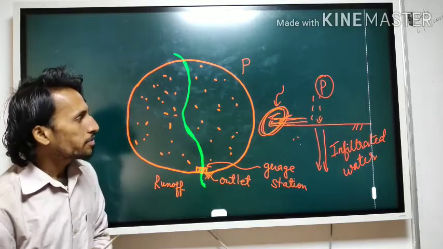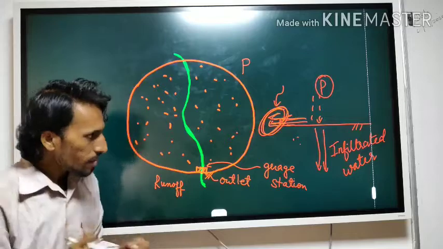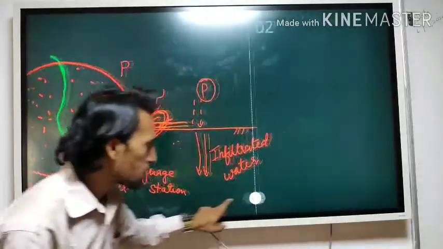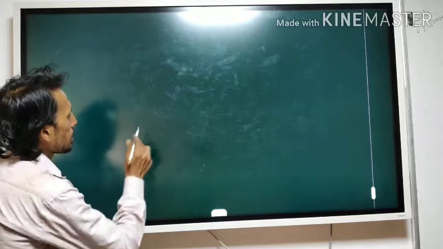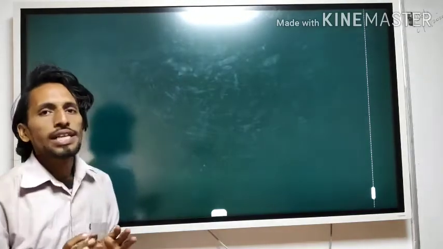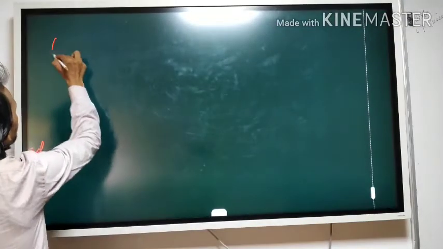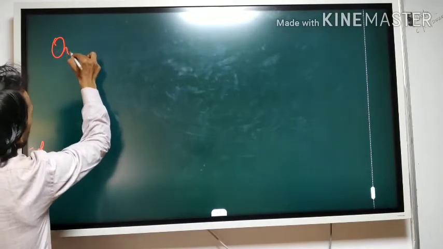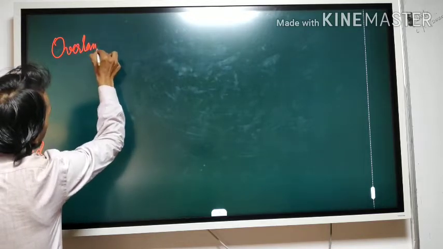Now it is very important to remember that when you call it runoff, there is one more term that usually confuses, that is called overland flow.